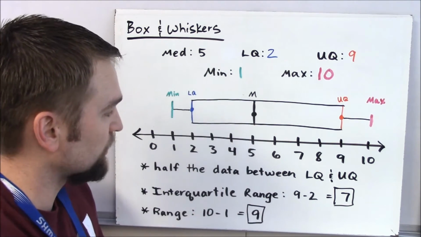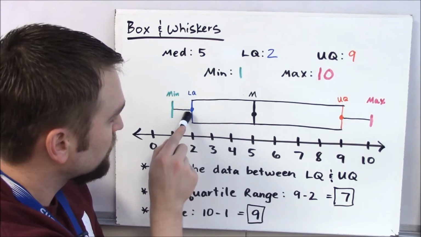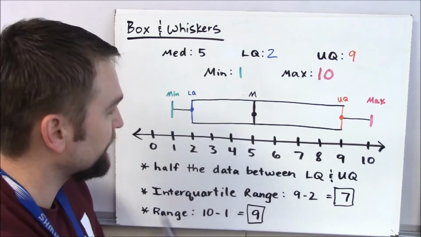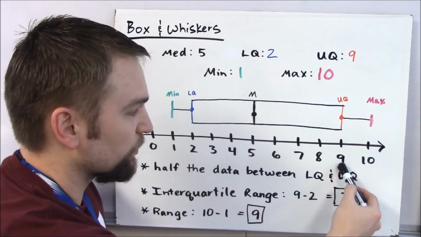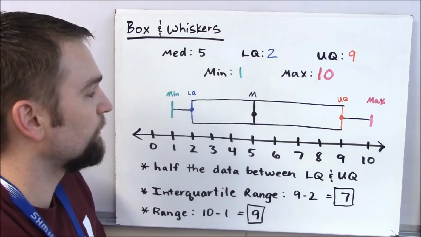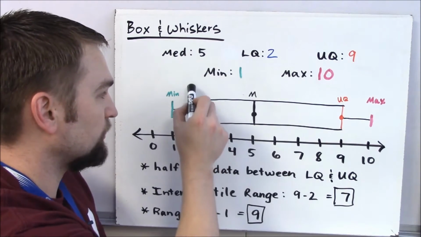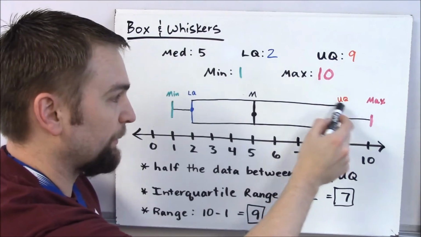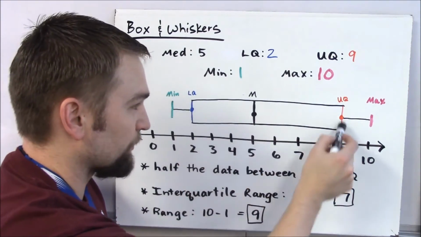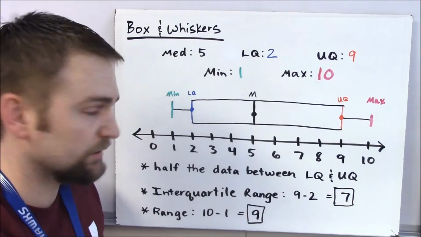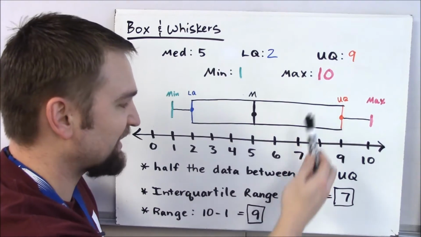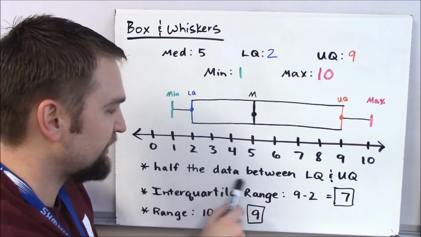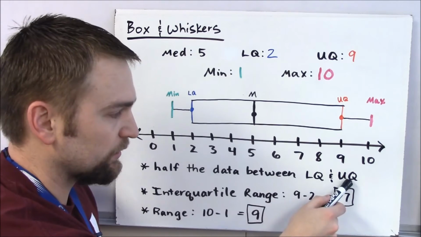The lower quartile, you can see I put a dot right there. The upper quartile was 9, and I put a dot right there. From the lower quartile to the upper quartile, I'm going to put a box around there. So that is the box, and it contains half the data between the lower quartile and upper quartile.